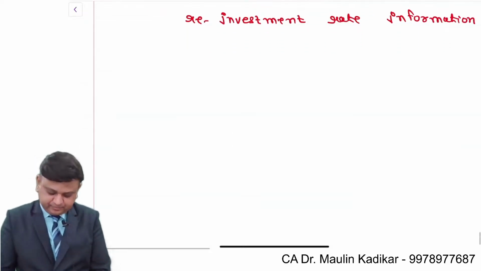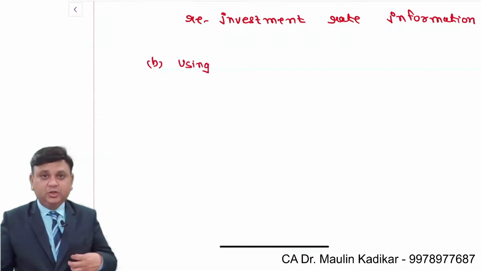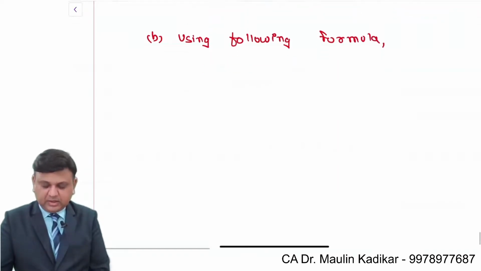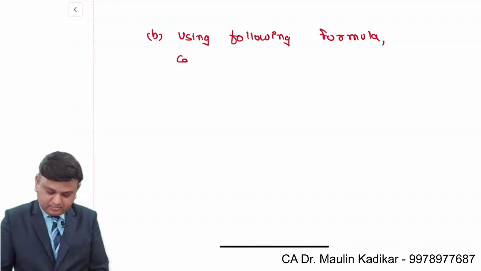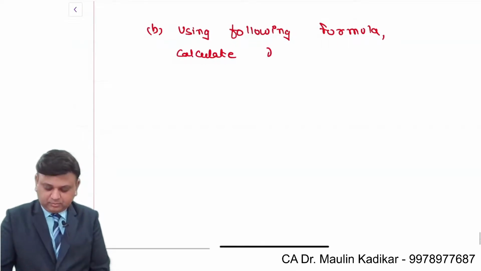B: Using the following formula, calculate the realized yield.